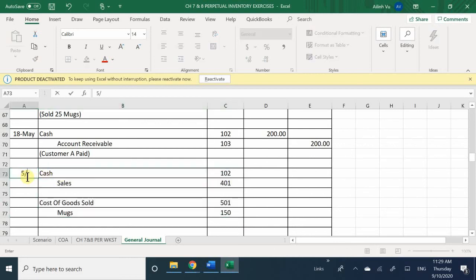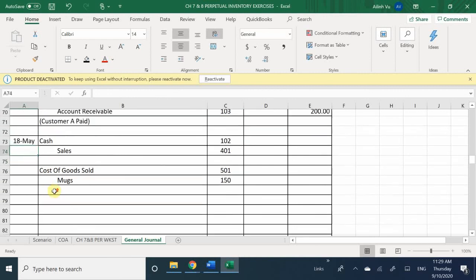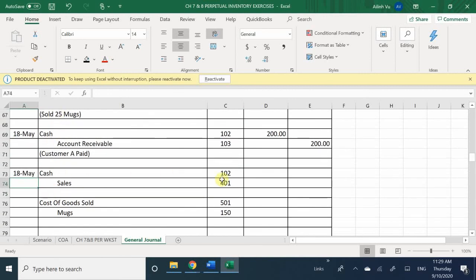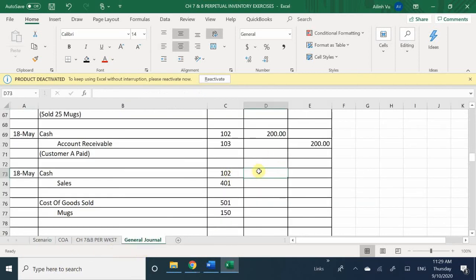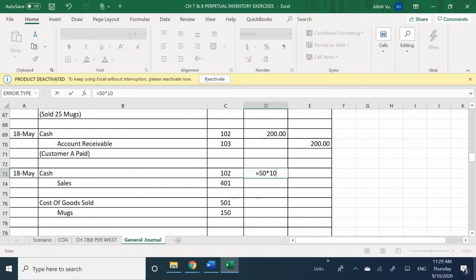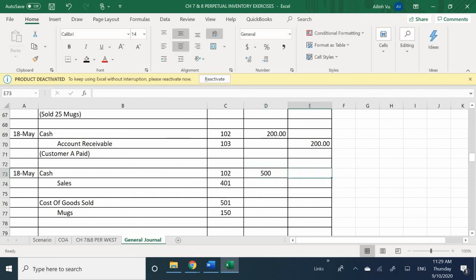So 518. Okay, so how many items did we sell? Let's go back, I forgot. So on 18, we sold a total of 50 mugs. All right, 50 mugs at $10 each is 500.